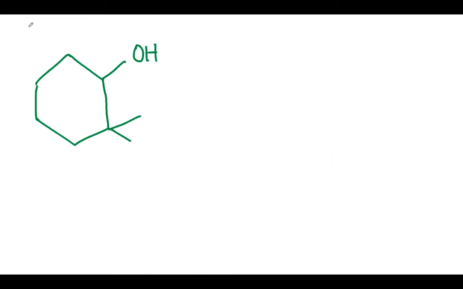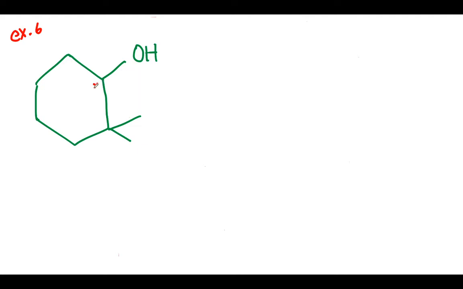Let's do example number 6. In example 6 here, we've got a slightly different molecule. We've got a cyclic alkane with the alcohol attached to it. So it's not too complicated if you think about the rules, right? We've got this hydroxyl group attached to this carbon.